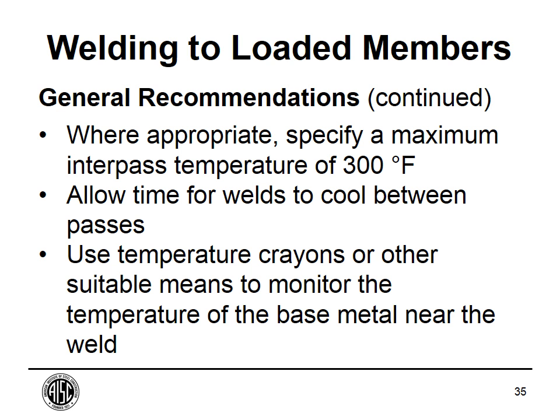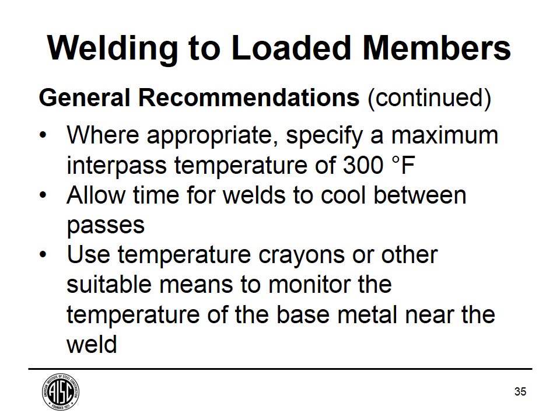So you may just want to talk with the erector about some things like this before they actually do the work. And the next two items, just allow weld passes to cool before you start the next pass if you have multiple pass welds. And you can obtain the same objective by using this interpass temperature of 300. And then the last one here, temperature crayons or other suitable means to monitor the temperature of the base metal.